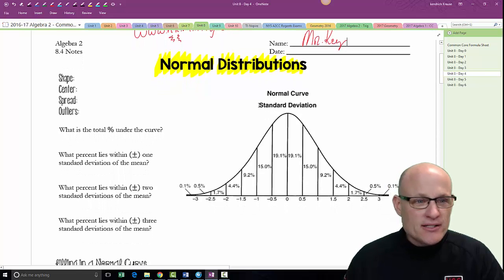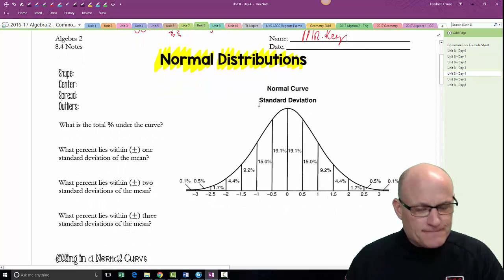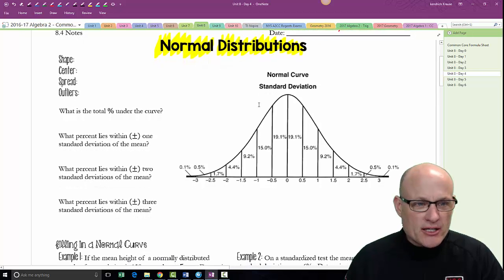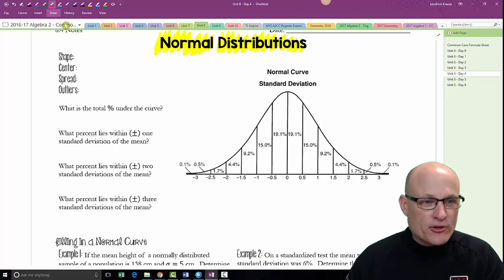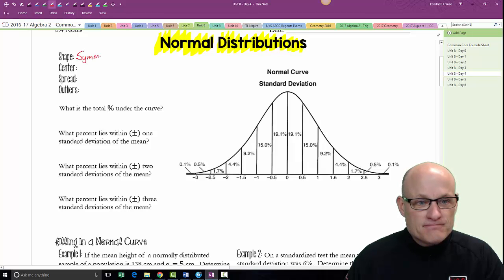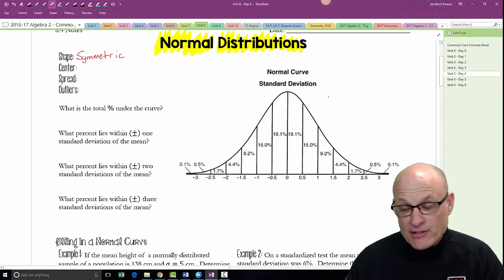Anyway, let's talk. Remember we talked about center, shape, spread, and outliers yesterday. Well, today we're going to talk about that for a normal distribution curve. The shape is clearly symmetric.